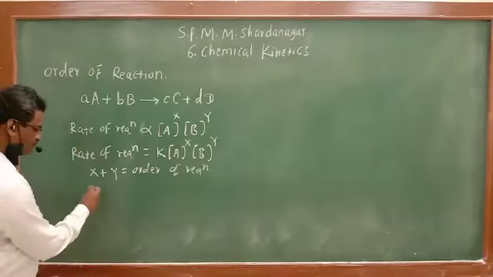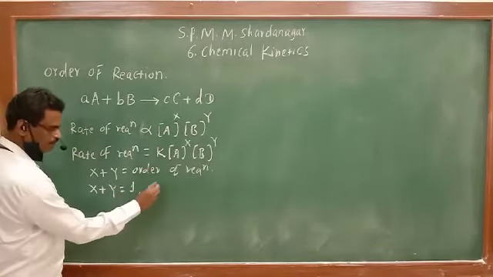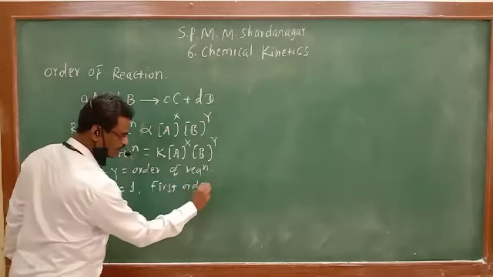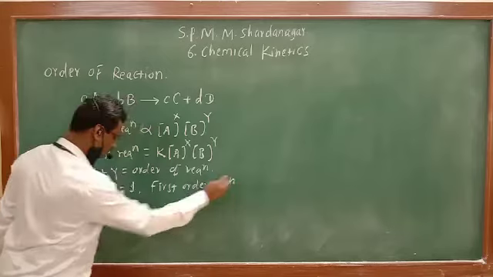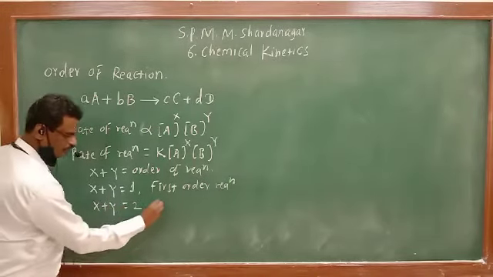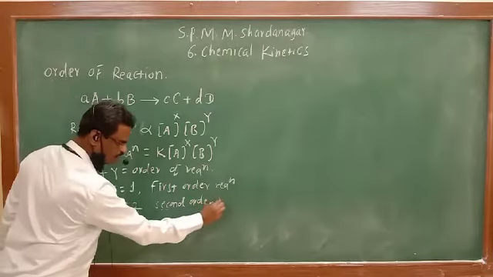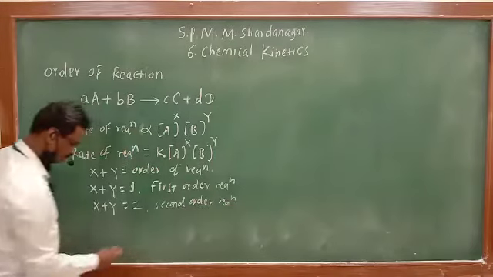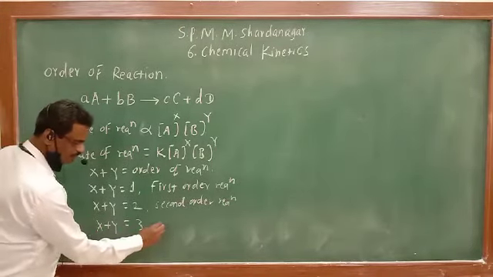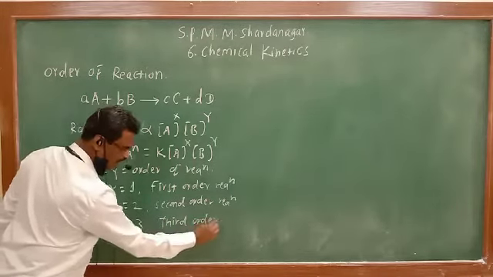So, if x plus y is equal to 1, it is known as first order reaction. If x plus y is equal to 2, it is known as a second order reaction. If x plus y is equal to 3, it is known as a third order reaction.